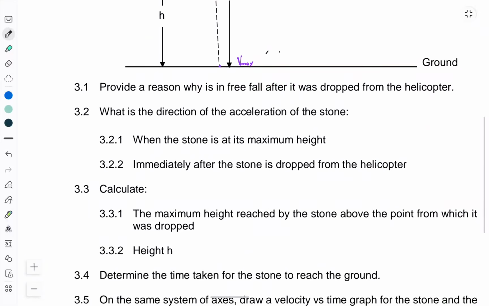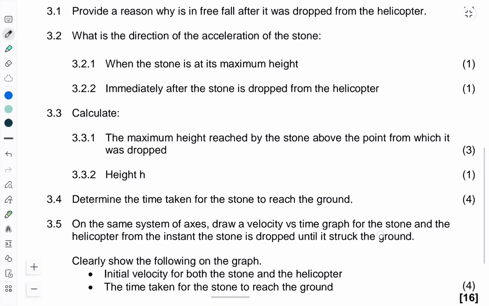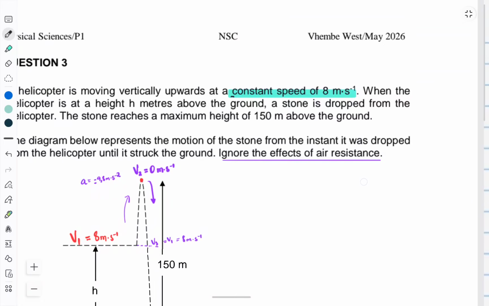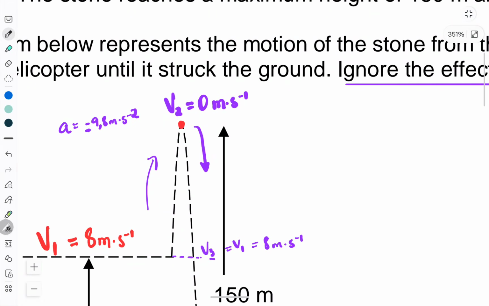Okay, so calculate the maximum height reached by the stone above the point from which it was dropped. So they want us to find this height.